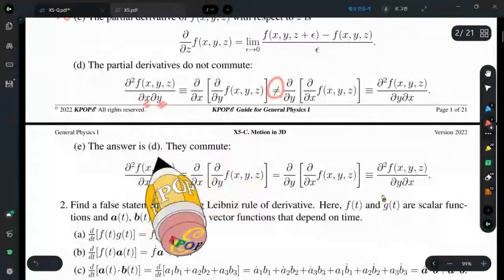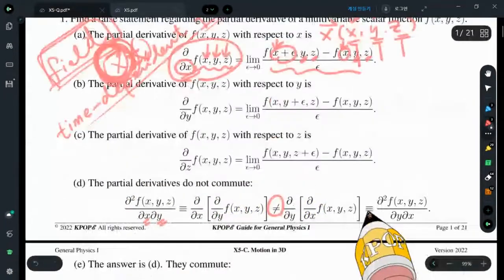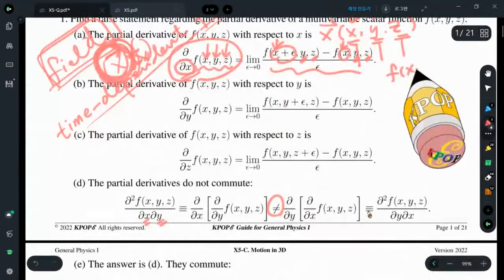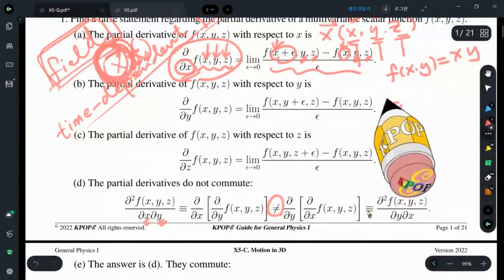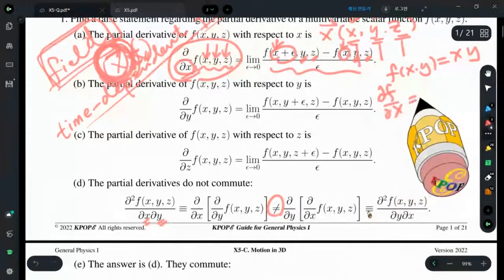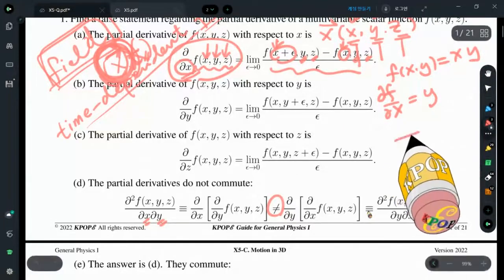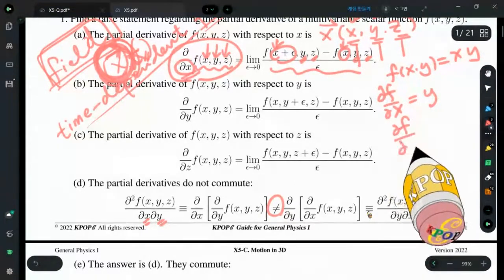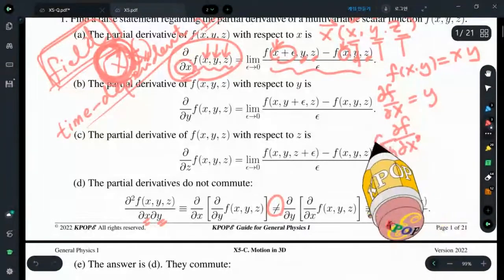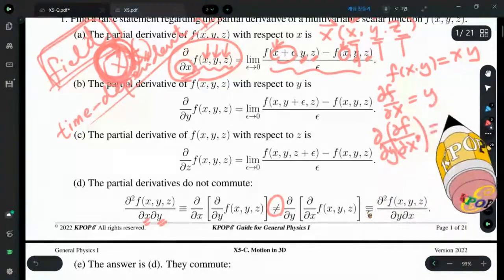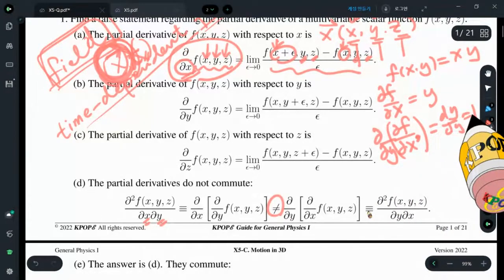So the answer is D. For example, f of xy equals x times y. If I take the derivative with respect to x, then this answer is y. If I take the derivative of y, then this is dy over dy, that is 1.